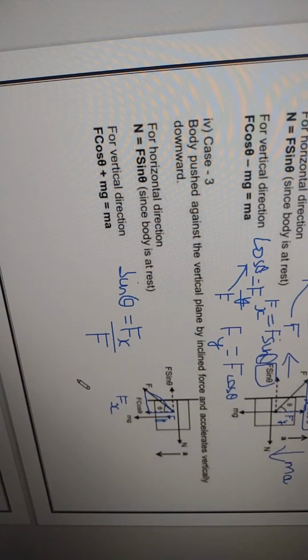We have to multiply this way. F of x is equal to F into sine theta.